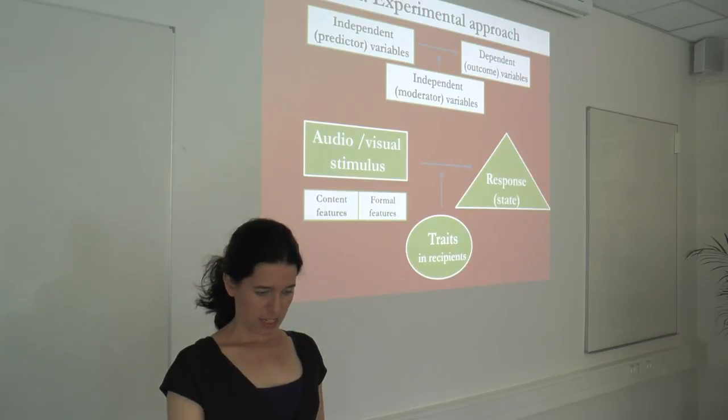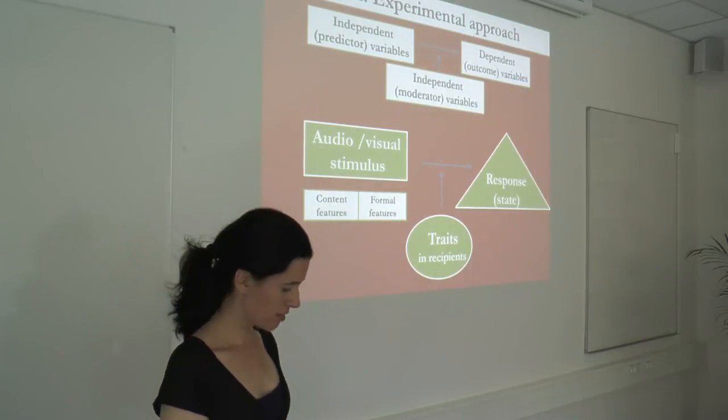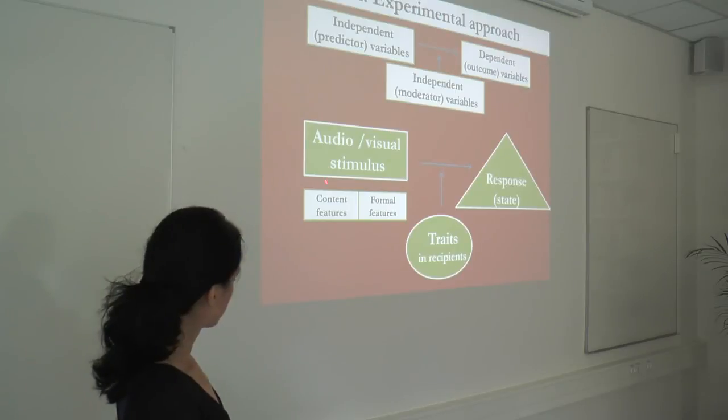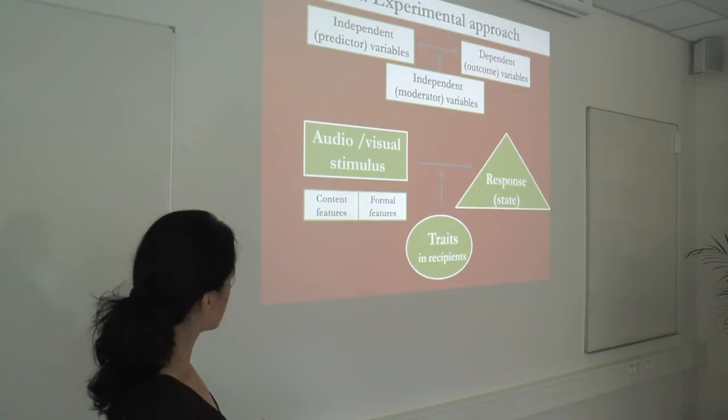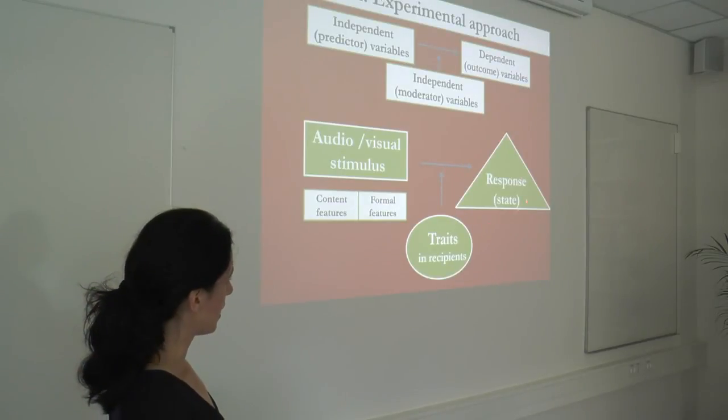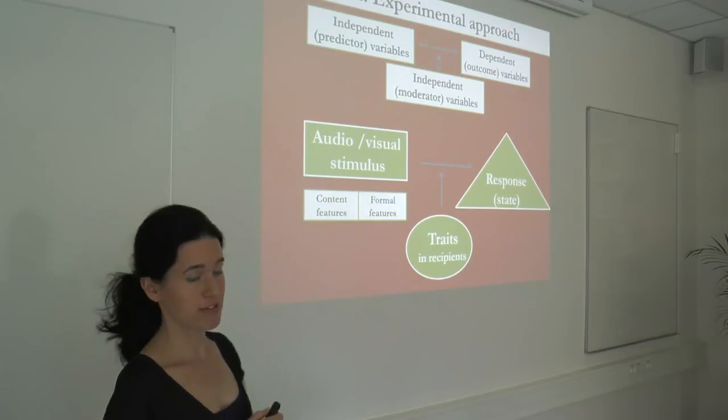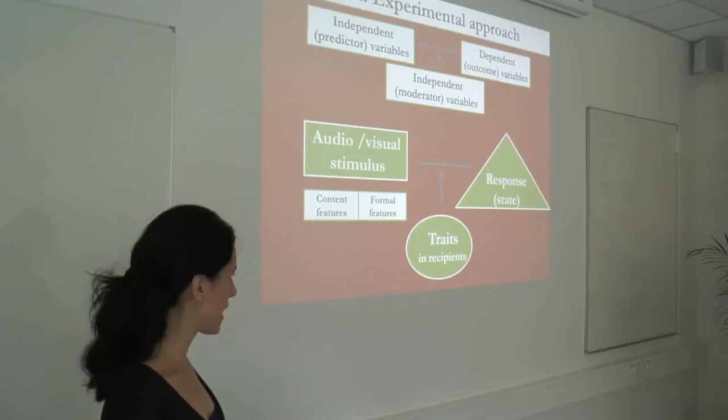So in our study, it looked like this. We had an audiovisual stimulus. We manipulated the formal feature of it, that's our independent variable, and we measured a response, a state, which was theory of mind.